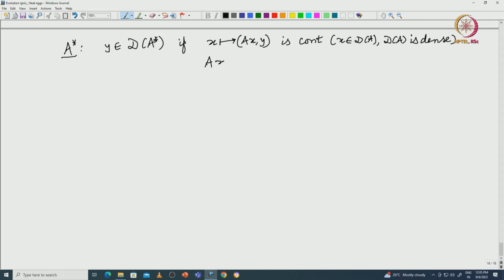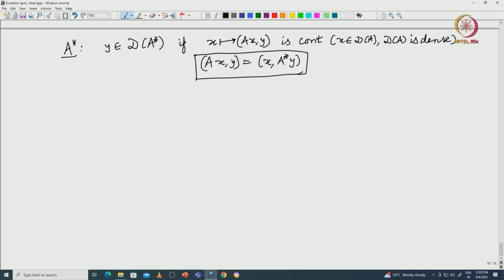So, then we have AXY, so relation x A star y. So, this is very similar to the bounded case, only thing is now we have to pay attention to the domain. Okay.